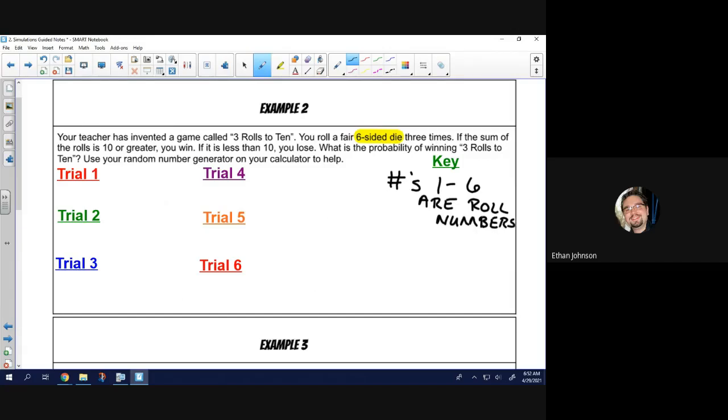And unlike the last one, where we wanted to know how many boxes it would take, in this one we know how many rolls we can have per trial. There are 3 rolls that we can have per trial.